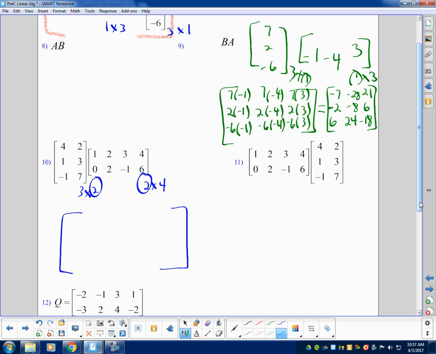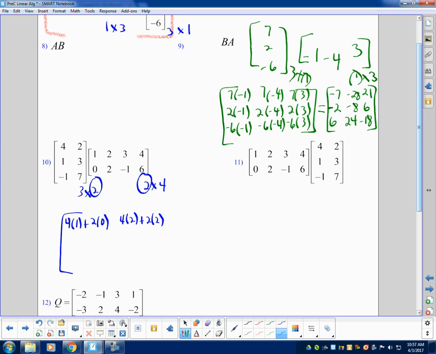So I've got row times column. So 4 times 1 plus 2 times 0. Then I have 4 times 2 plus 2 times 2. So first row times second column.